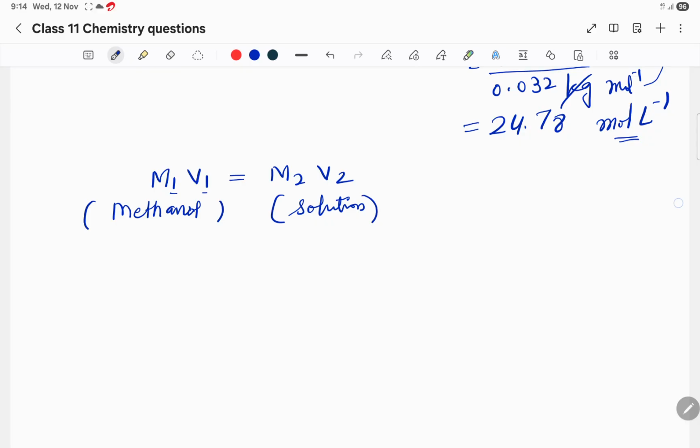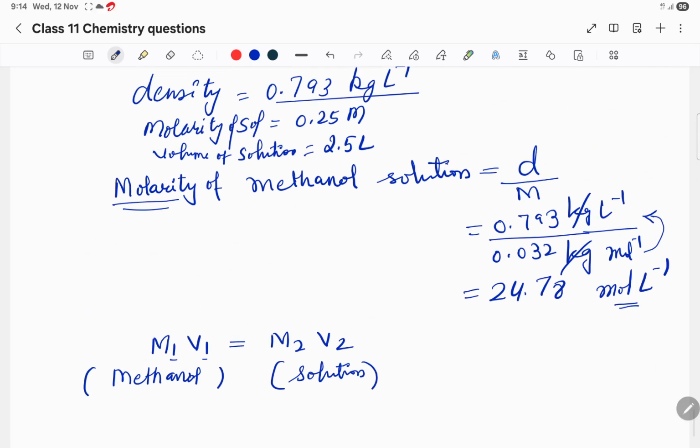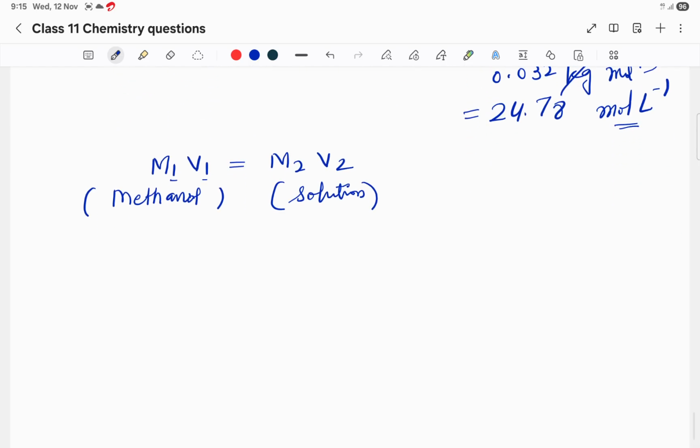All right, so shall we go back? The volume of solution is going to be V2. Molarity of the solution is going to be M2. And molarity of methanol is going to be M1. So we have three values with us, and we do not have the volume of methanol, which we have to calculate. So we add these values.